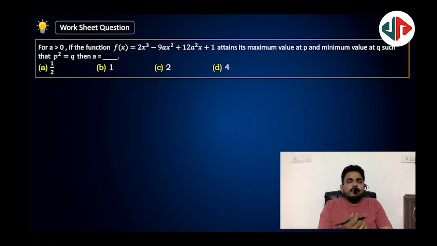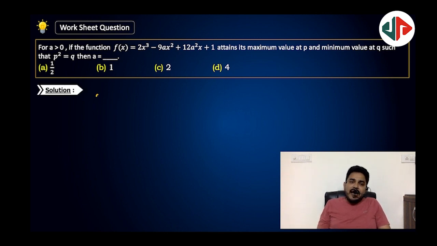Next question. For a greater than 0, if the function f of x is equal to 2x cube minus 9a x square plus 12a square x plus 1 attains its maximum value at p and minimum value at q such that p square is equal to q, then the value of a is.